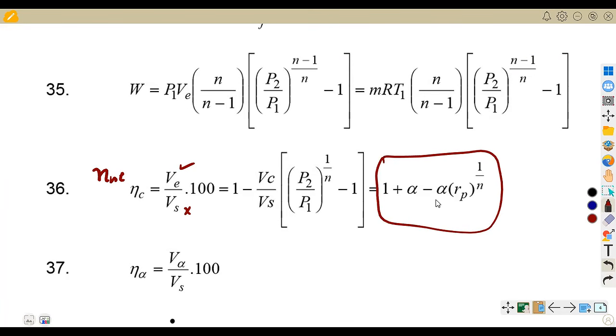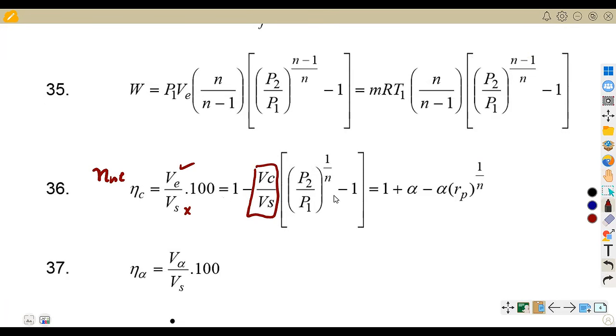All right, let me explain this. From the second formula that we are given, 1 minus VC over VS, we've got the clearance volume and the stroke volume in this case. So we can apply this because we have got a ratio that we are given between these two. So at the end, VS and VS will cancel.